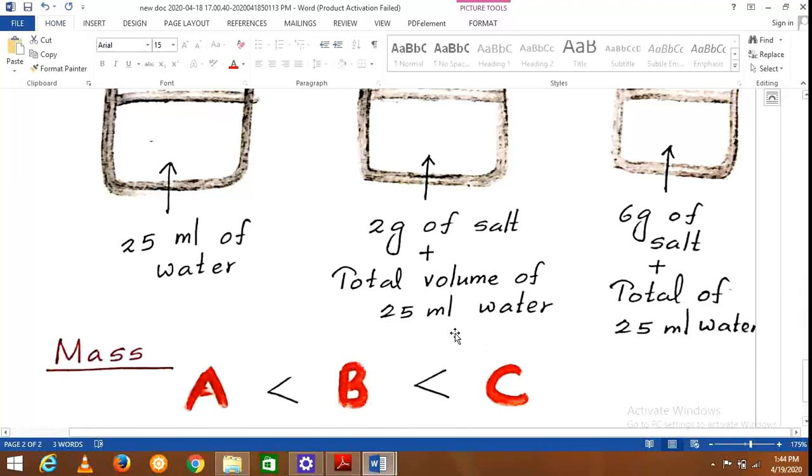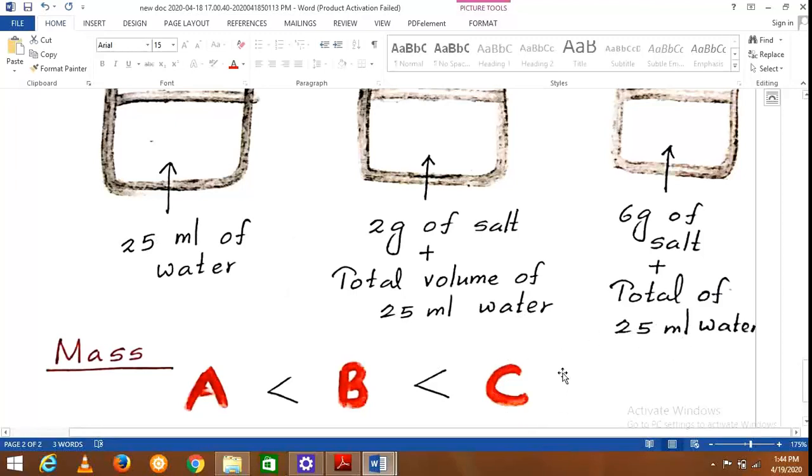So the same question can be asked like this. You are provided with 3 samples of water taken from a well, sea and a lagoon. So you are asked to find which has the highest mass per a unit volume. Here in all the 3 instances we have taken 25 milliliters each. So what would be your answer?